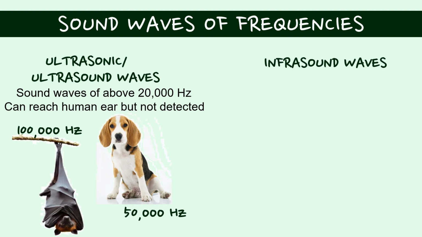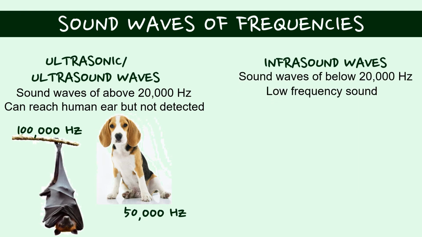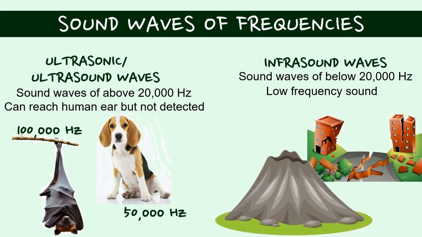The other wave or frequency of sound wave is the infrasound wave, which means this sound wave is below 20 hertz. So it is considered to be the low frequency sound. These are the sounds that we could not even hear, just like the vibration of earthquakes and of volcanoes.